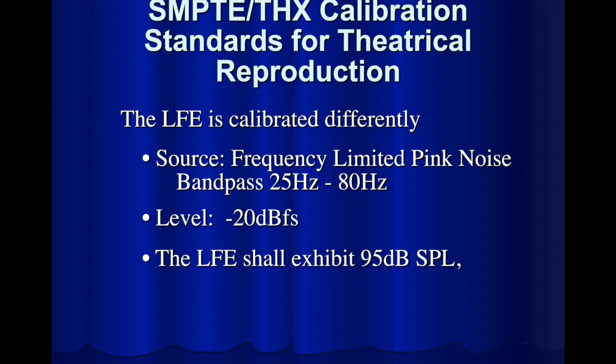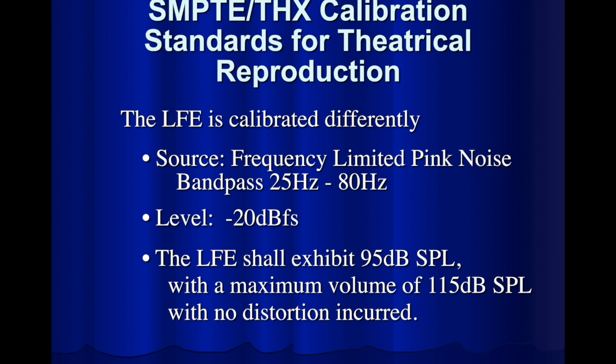Now, we have the same headroom here, so if the level goes up from minus 20 to 0, that of course is a 20 dB increase, so that 95 dB goes to a maximum volume of 115 dB SPL with no distortion incurred.